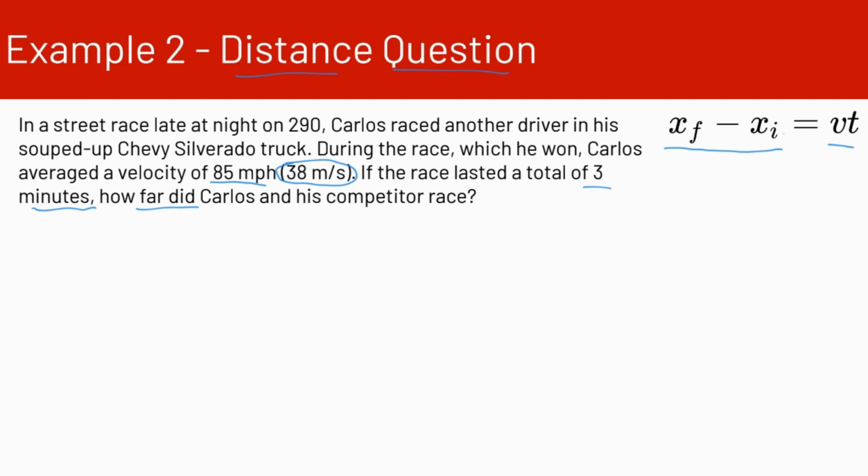We've got 38 meters per second. That's our velocity. So delta D is equal to 38 meters per second, and we're going to multiply it by our time. Since we're using seconds, we need to convert 3 minutes to seconds. So 3 minutes times 60 seconds is going to give us our seconds.